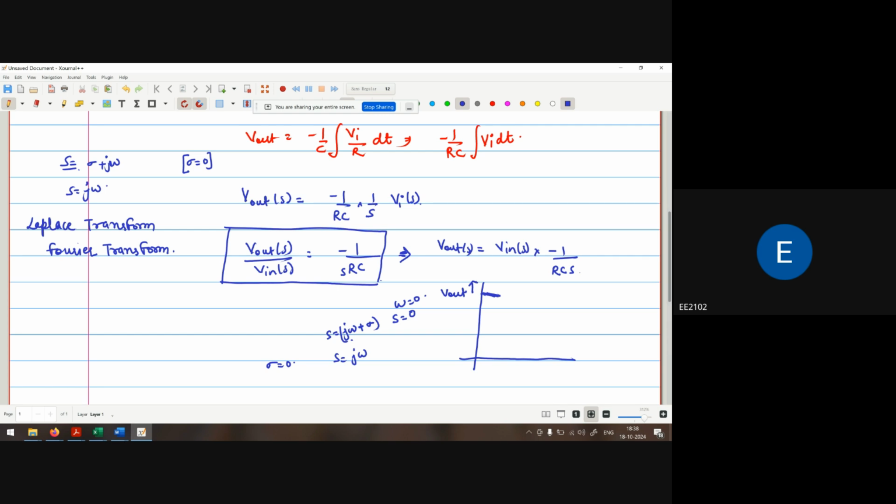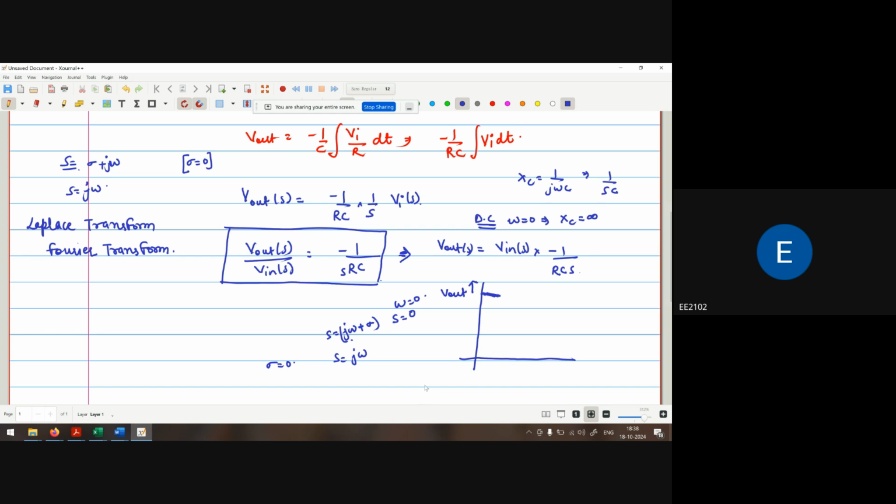That's why, for the capacitor, if you remember, what is the value of Xc? Xc is equal to 1 upon j omega C, or we can say 1 upon SC. If it is a DC component, omega should become 0. That means Xc should behave as an open circuit.